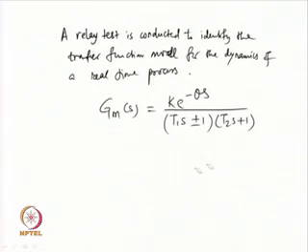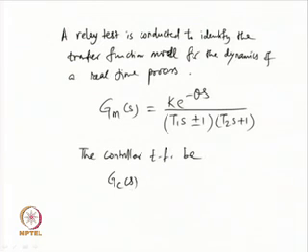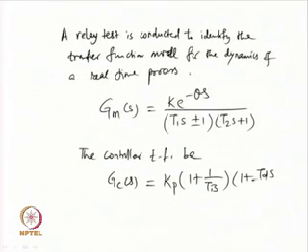Now, we shall attempt to design a PID controller for the system, where the controller will assume the form G C s is equal to Kp times (1 plus 1 upon Ti s) times (1 plus Td s) divided by (1 plus alpha Td s). So, this is the realistic PID controller in series form that will be used in our study.